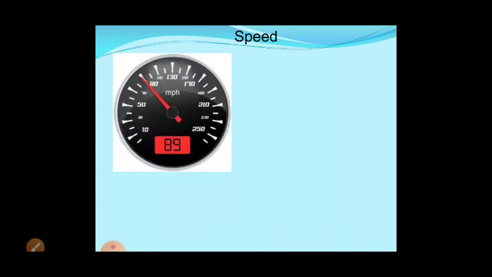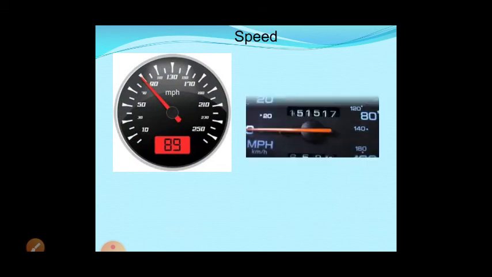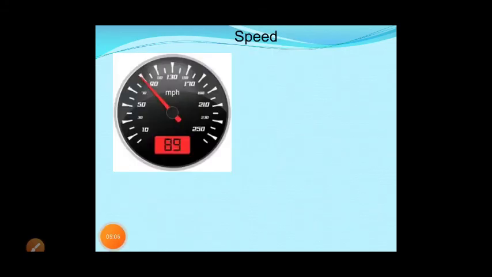I hope everyone has traveled in a vehicle like a bike, scooter or car. You might have observed that a meter like this instrument is fixed in the car. This is known as the speedometer.